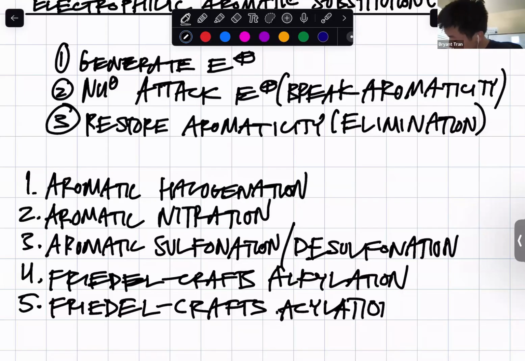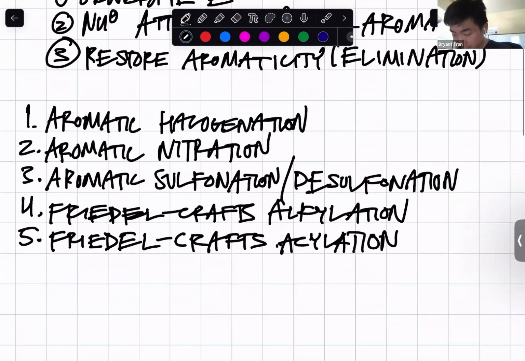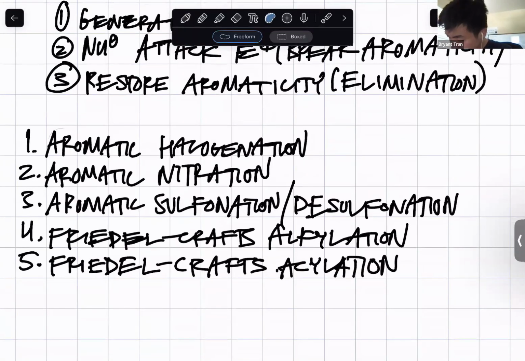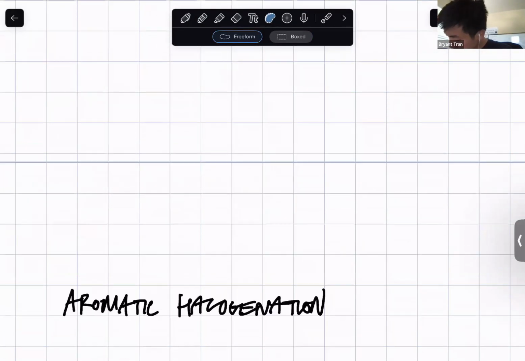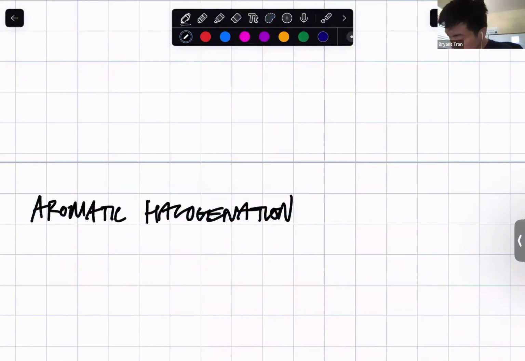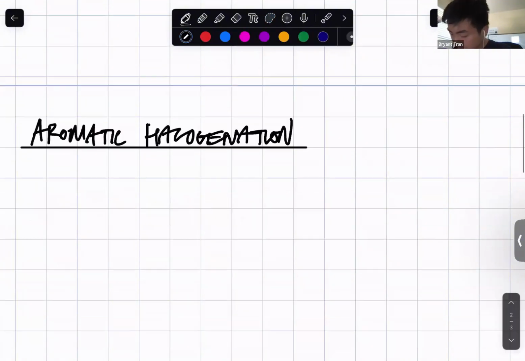Okay, so now let's talk about the first reaction, aromatic halogenation. I'm going to give you the general reaction and then the mechanism after that.